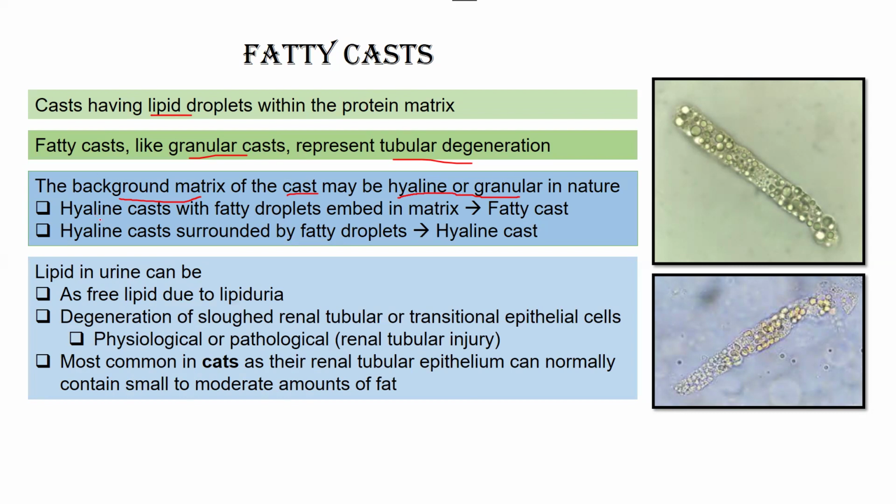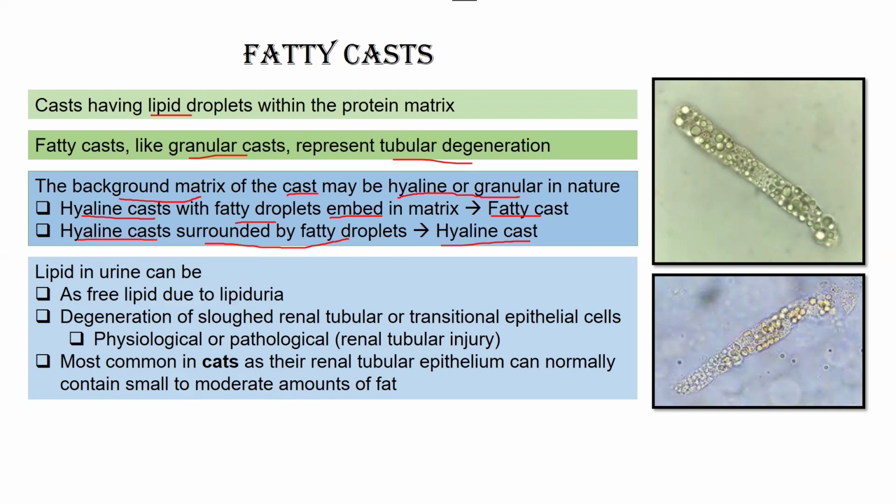If hyaline casts have fatty droplets embedded in the matrix, then it will become a fatty cast. But if you have a hyaline cast that is only surrounded by fatty droplets, which are present around the cast but not embedded in it, then it is not a fatty cast, it's rather a hyaline cast.